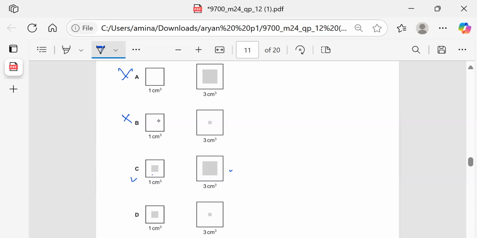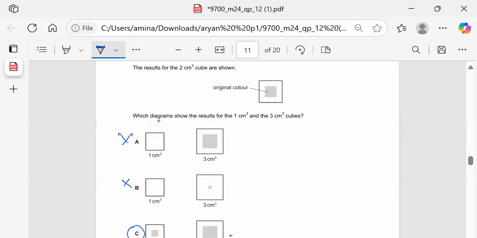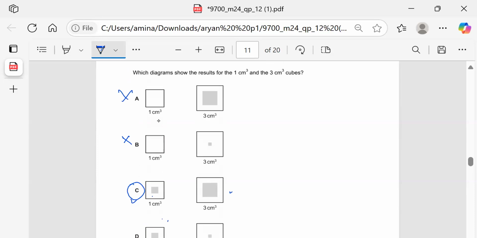So my answer is going to be C, because these two are wrong. If I compare it with the size, this is showing me too small over here. So if I compare it with the 2 cm cube, what I'm getting with the 3 cm cube, my answer is going to be C, which is the closest one.